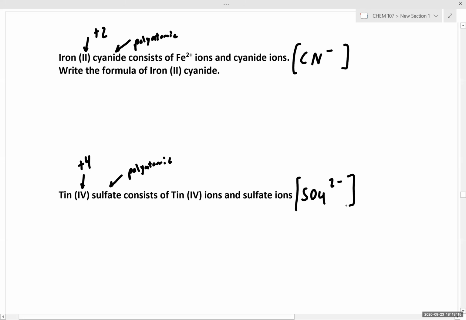So let's keep going and let's try to write out the formulas of these two compounds. Don't be shy to share your responses in the chat, and don't be shy if your response is different compared to your classmates.